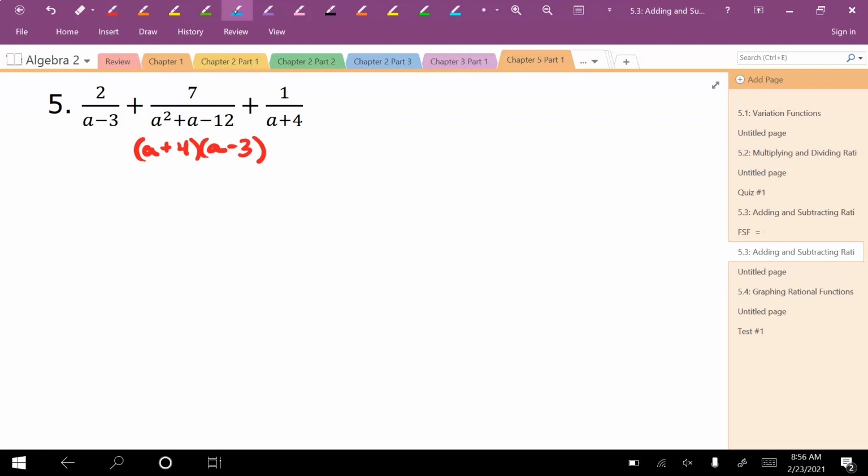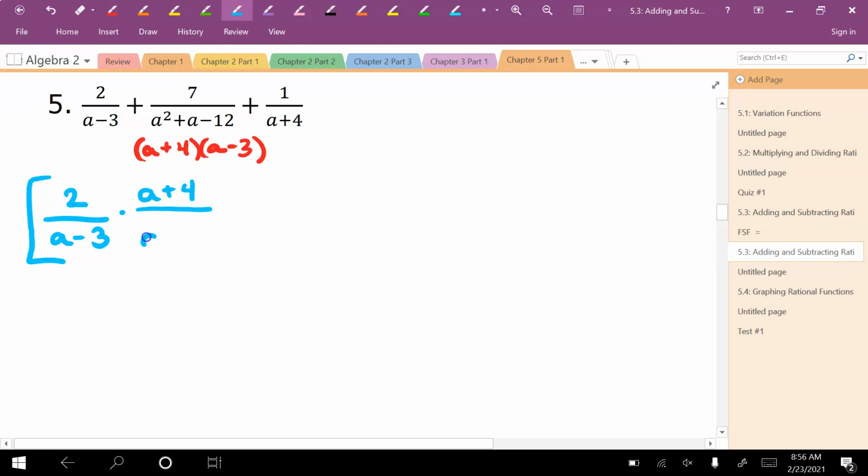First and third one. What does the first one need? Good. The first one needs a plus 4. The middle one needs nothing. Okay, so don't do anything to that middle fraction. Just leave it as 7 over, I'm going to go ahead and switch it around, a minus 3, a plus 4.